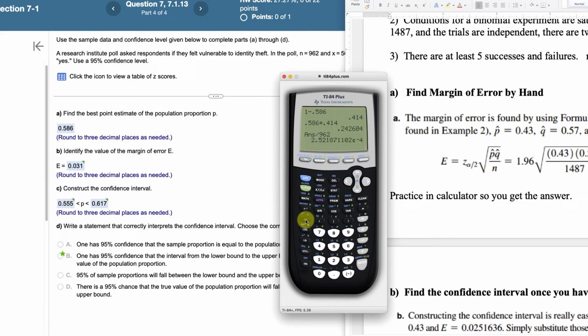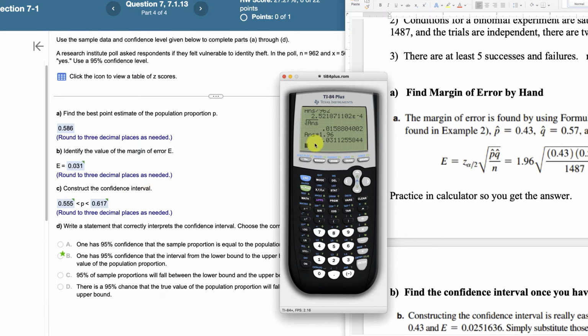Take the square root of that, and then multiply by the 1.96, which was that critical value. 0.0311. So the error, rounded off to 3 decimal places, is 0.031.